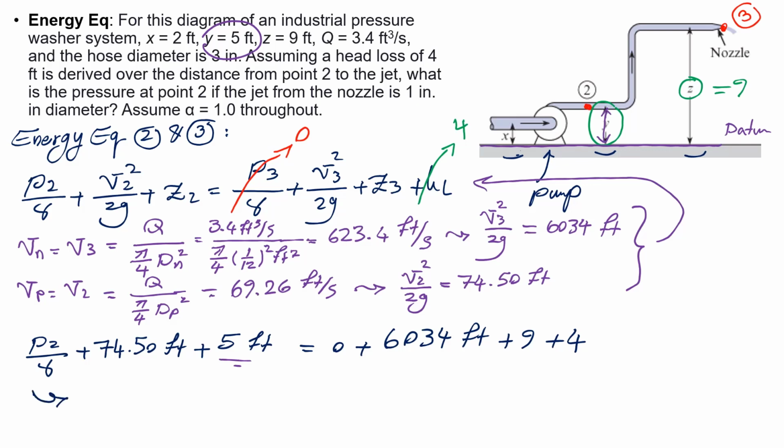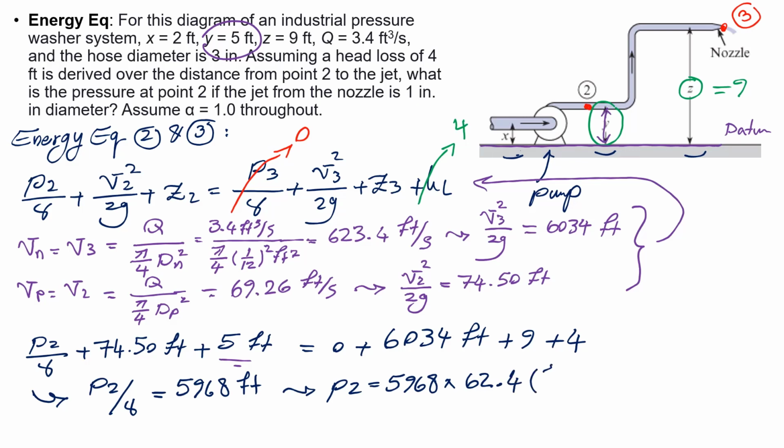I find the value of P2 over gamma is equal to 5968 feet, which means that P2 is 5968 times 62.4. The units for that is pounds force divided by cubic feet.